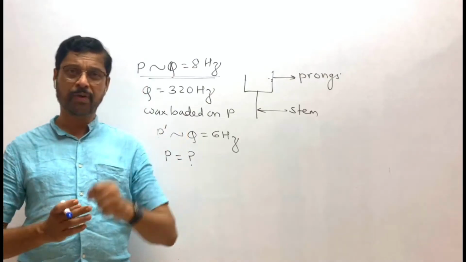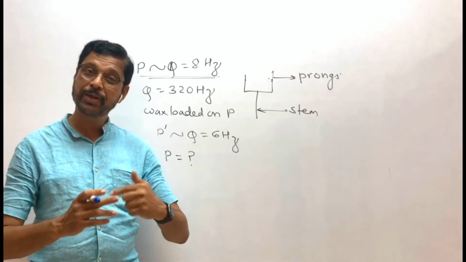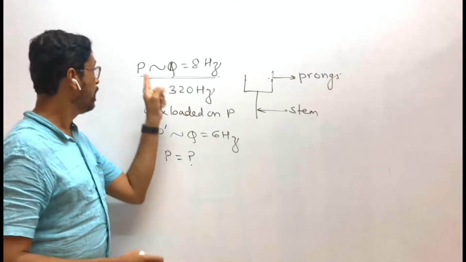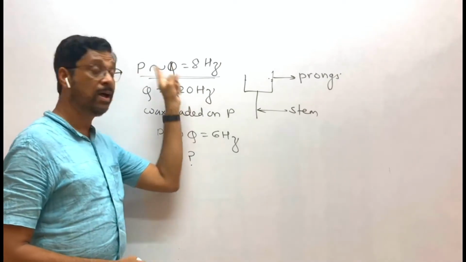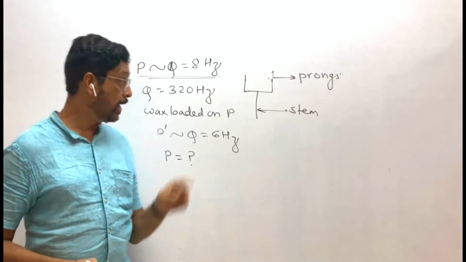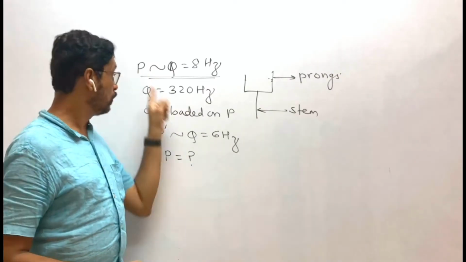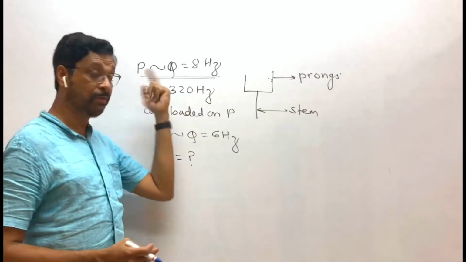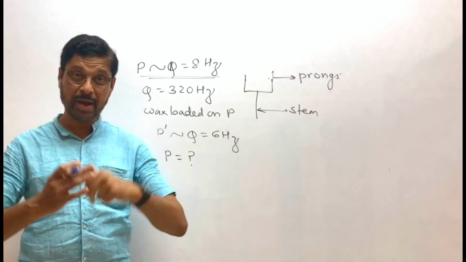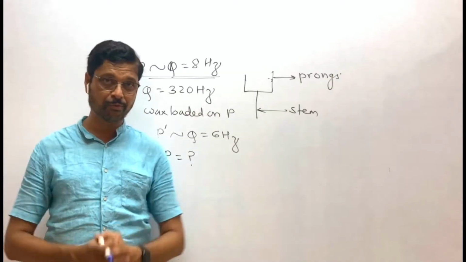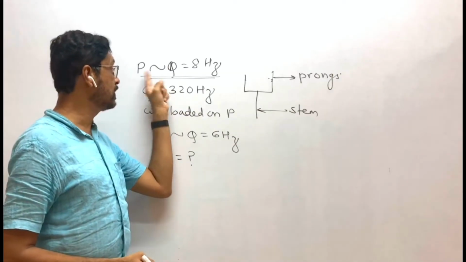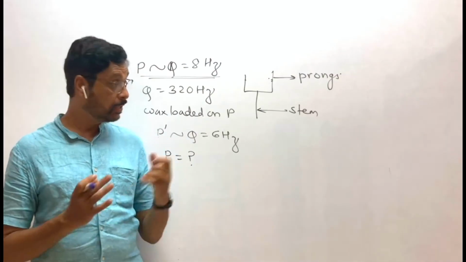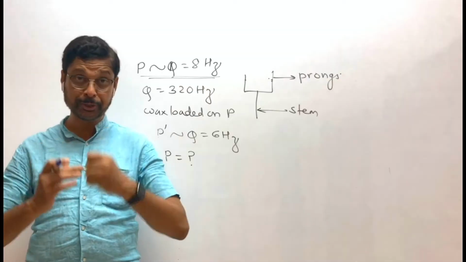Means what you have to find out is which frequency is greater. सिर्फ एक बात हमको फाइंड करना है, P की फ्रीक्वेंसी ज्यादा है या Q की फ्रीक्वेंसी ज्यादा है. अगर P की फ्रीक्वेंसी ज्यादा है तो फिर 320 प्लस 8 हो जाएगा. अगर P की फ्रीक्वेंसी कम है तो 320 माइनस 8 हो जाएगा. So only thing you have to find out is which one is greater, frequency of P or frequency of Q. Think over it. सोचो इसके ऊपर.